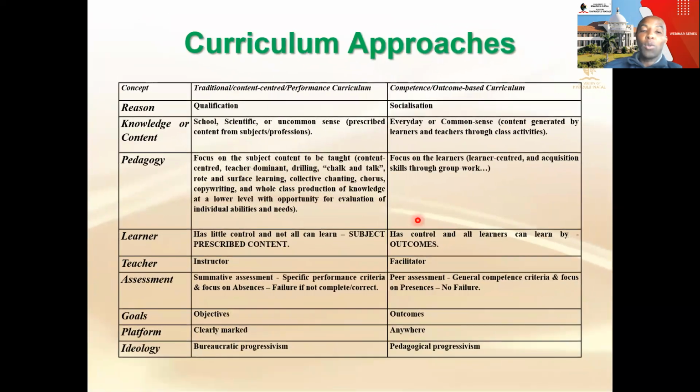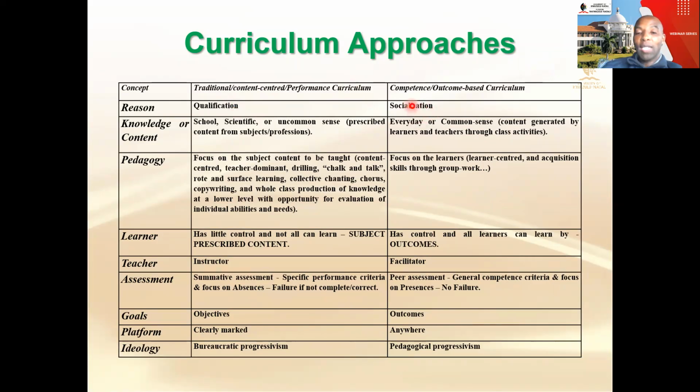So balance the two. So how these approaches are approached in terms of the reason, if you take this traditional approach or content-centered approach or performance curriculum, the reason there is to make sure that you study that, you get your qualification. So mastering the content, which is prescribed internationally, will lead to the qualification.